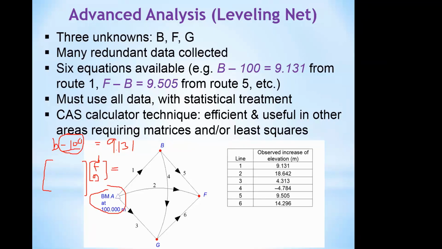So basically, I'm going to have to flip that 100 to the right-hand side and say it's going to be 9.131 plus 100. Then I can go back to this and just do my easy matrix 1, 0, 0. You're going to have to include a lot of these 100s for all those lines, for example line number 2 or line number 3, because they all involve this 100.